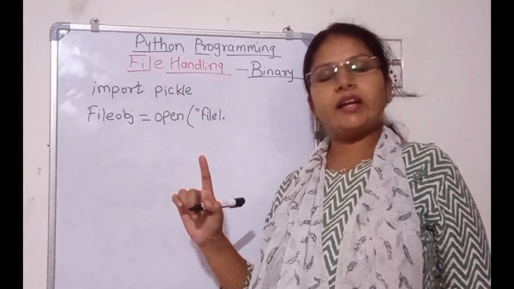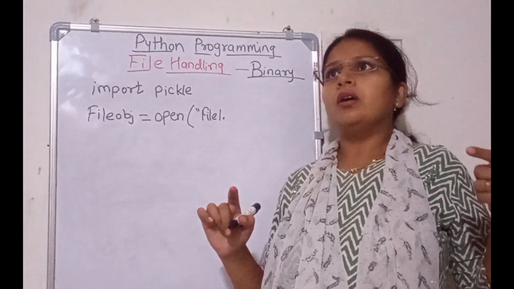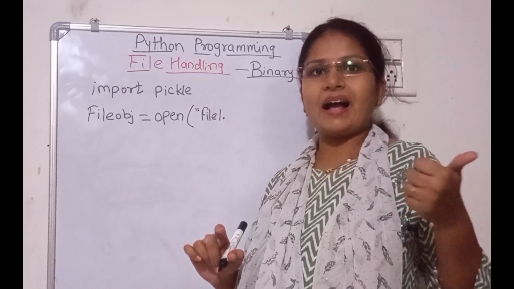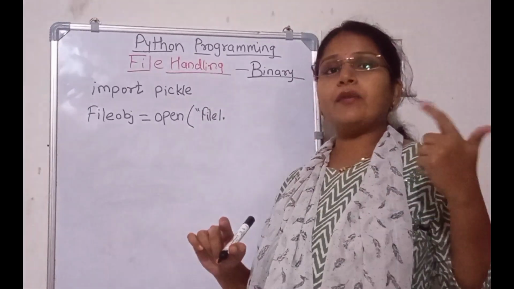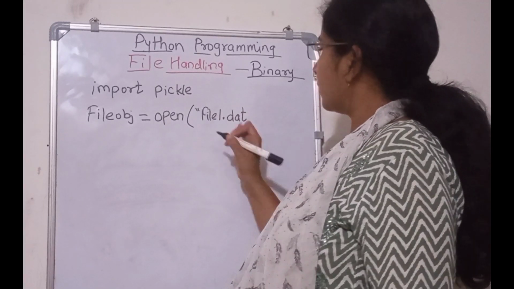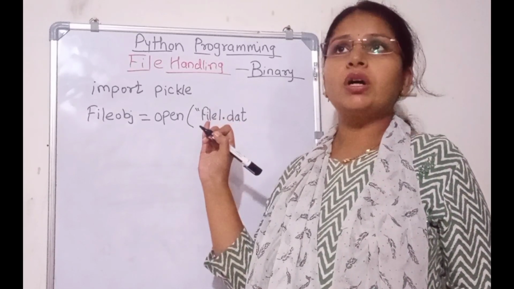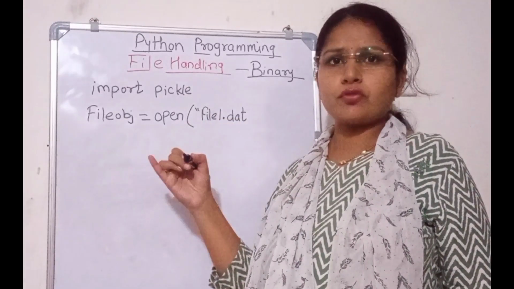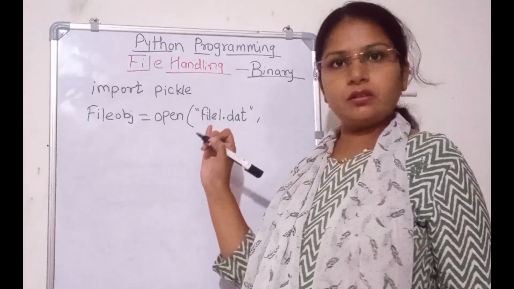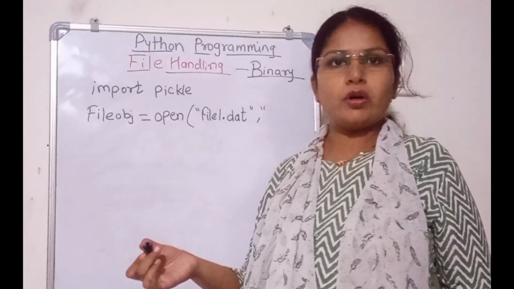For a binary file there are many extensions that work with it. First is .bin, and the second and most familiar extension is .dat. You might have seen this type of file on your computer system when you install new applications or software. So file1.dat in double quotes, and then whichever mode you are using.